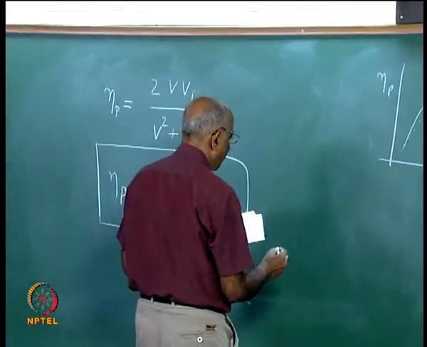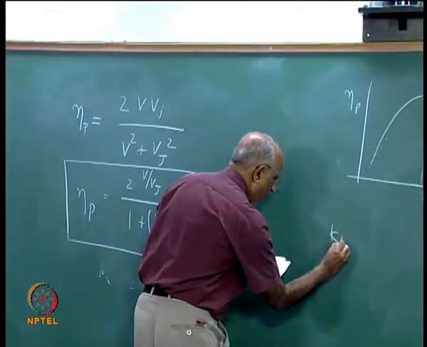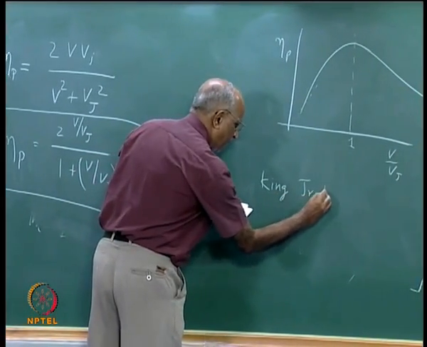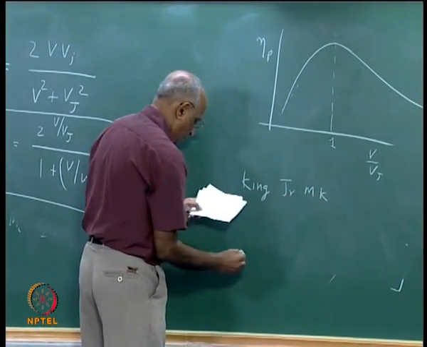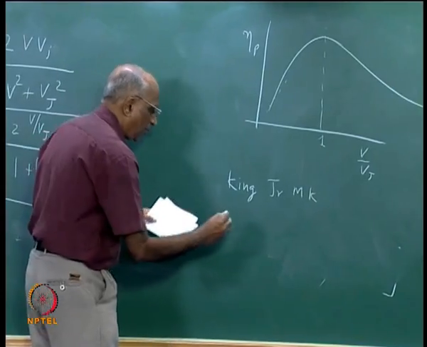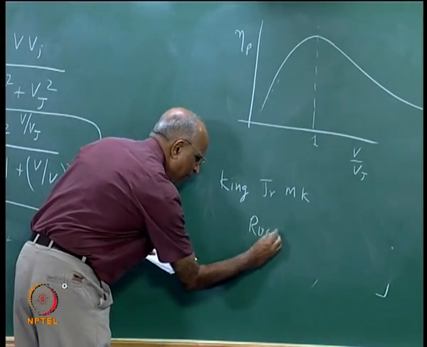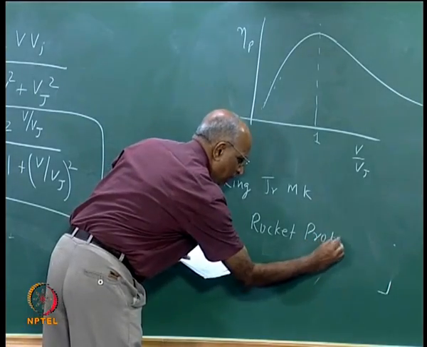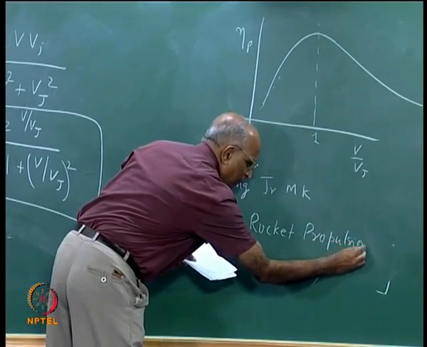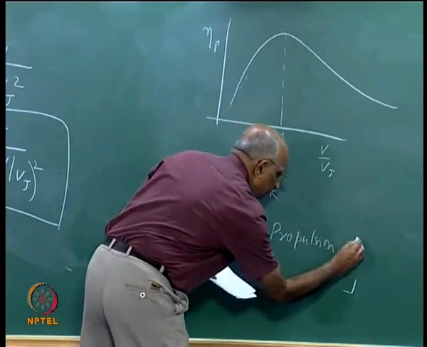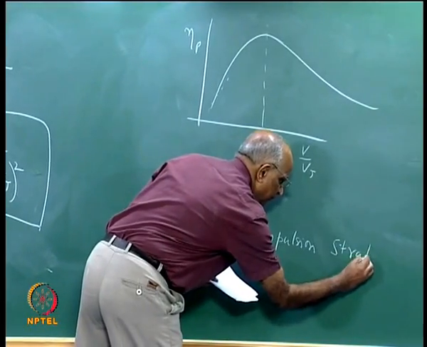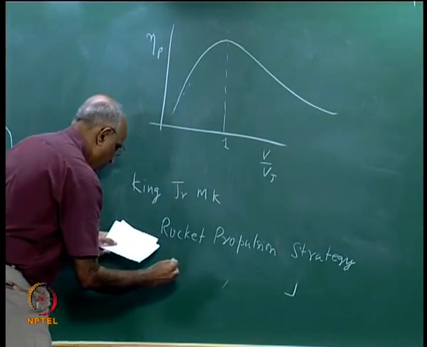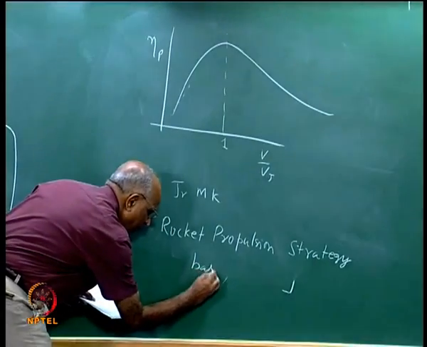It is by King, Junior, M. K. The title of the paper is Rocket Propulsion Strategy based on Kinetic Energy Management.